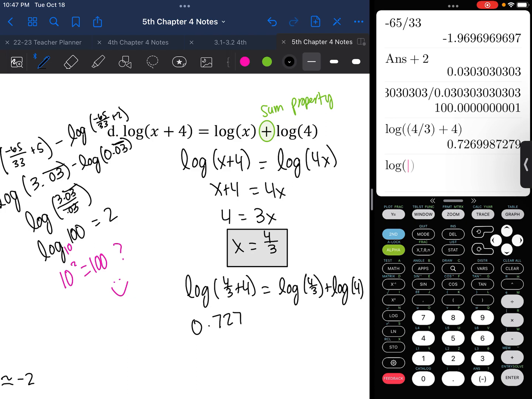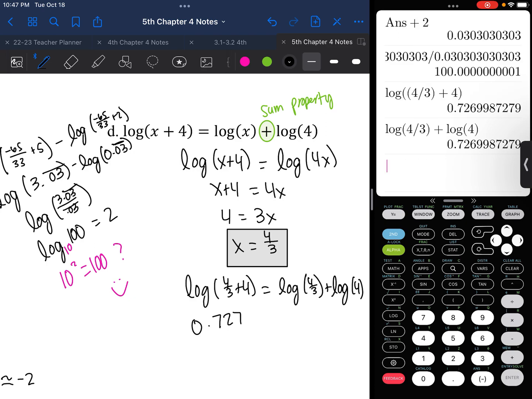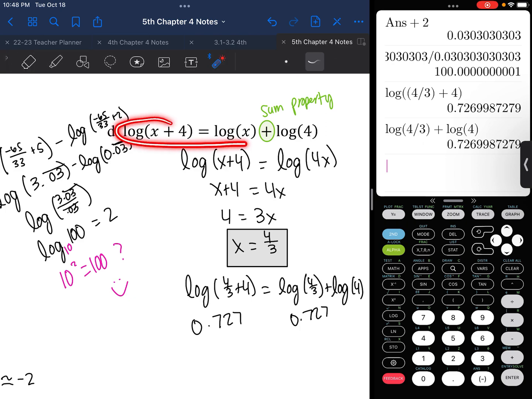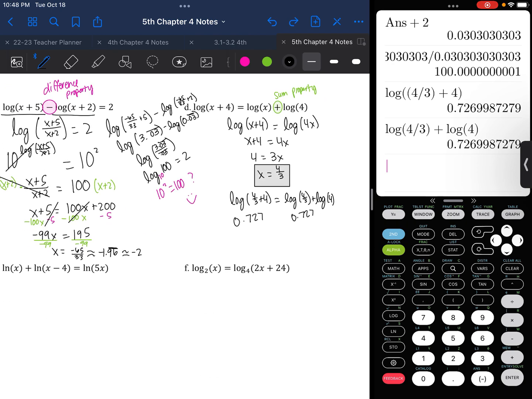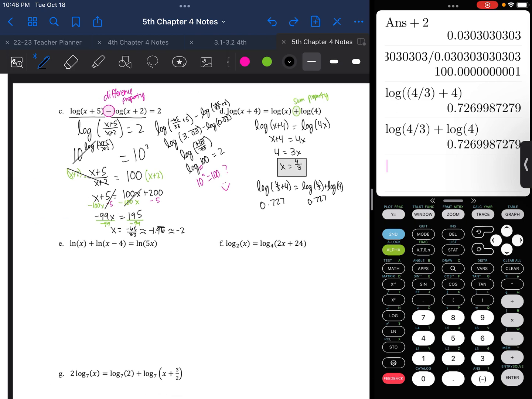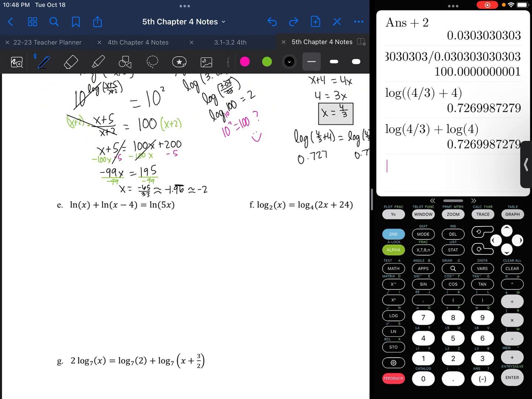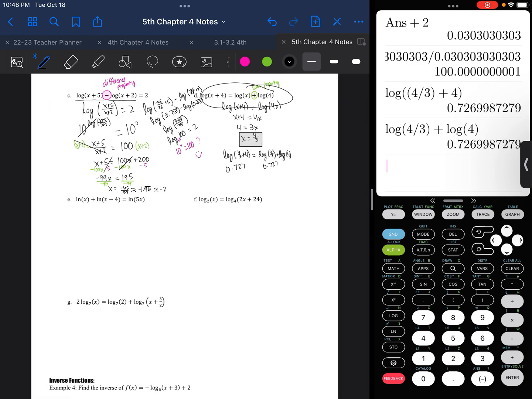We've also got the log of 4/3 plus the log of 4. Hey, look at that. Okay, so this is interesting because of what it implies about this. So if this is true for log of x plus 4 is equal to log of x plus the log of 4, that's actually really useful in some of our other problems. So keep that in mind, that that's true.